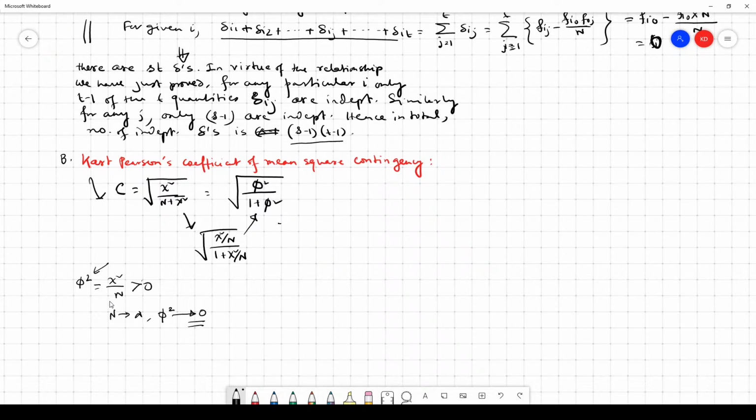According to this measure the upper bound should be infinity, but as n tends to infinity, still it is infinity, which is not possible. So for that reason, I considered this measure, which is C equal to root over chi square by n plus chi square. If you look at this measure, then you see that this value has some upper bound. Okay.